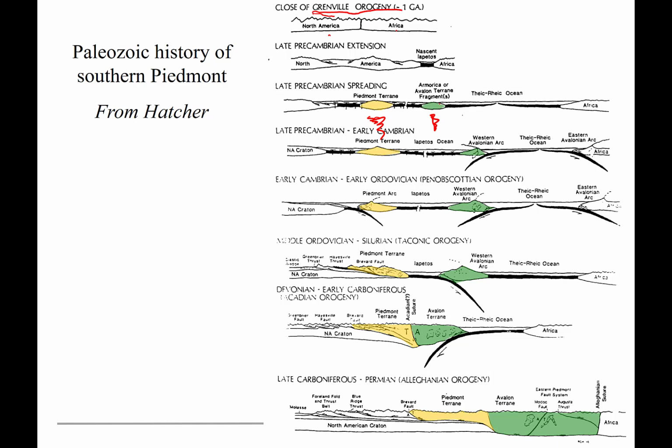And so what happens is a convergent margin develops right here, and the Piedmont island arc system moves to the west relative to the North American craton.